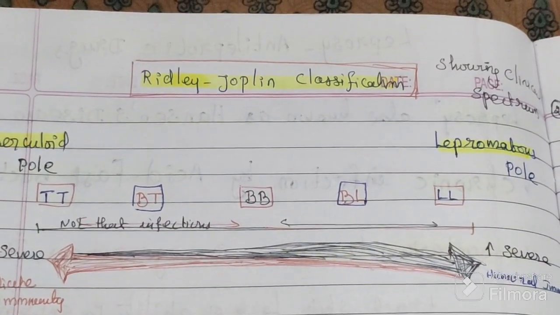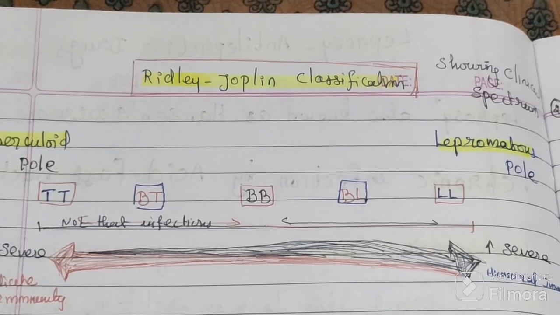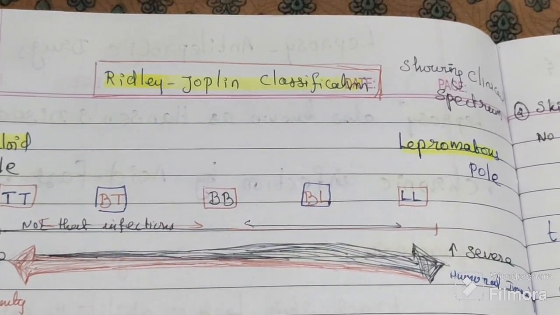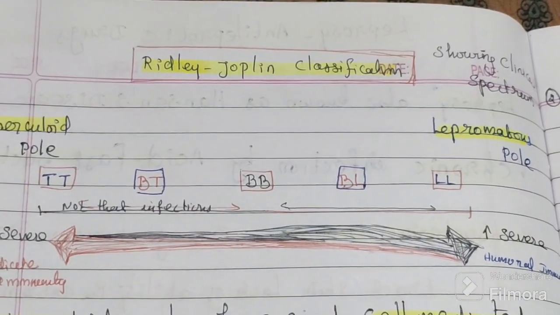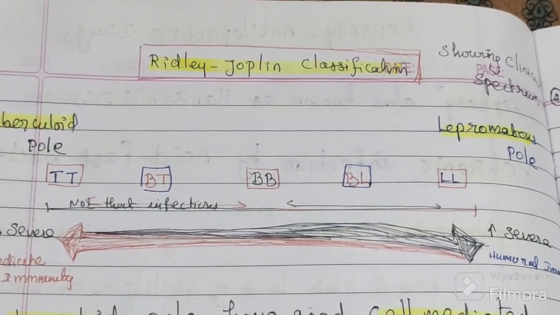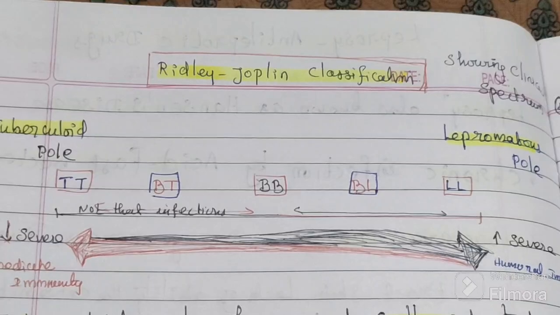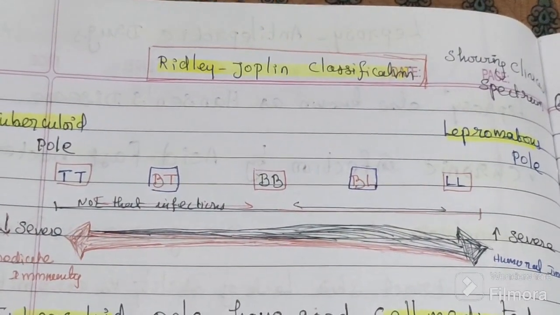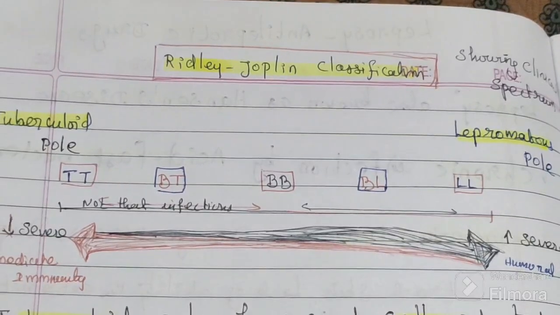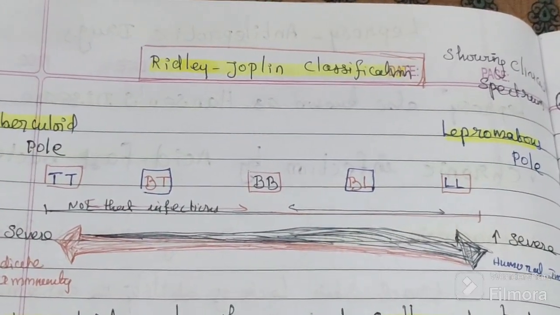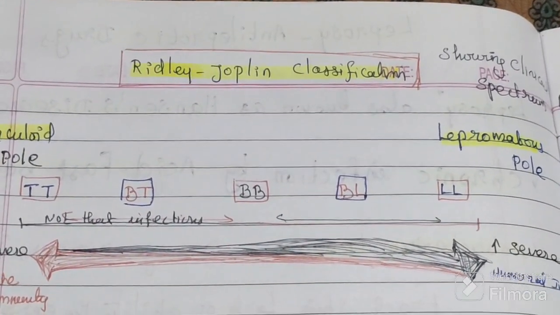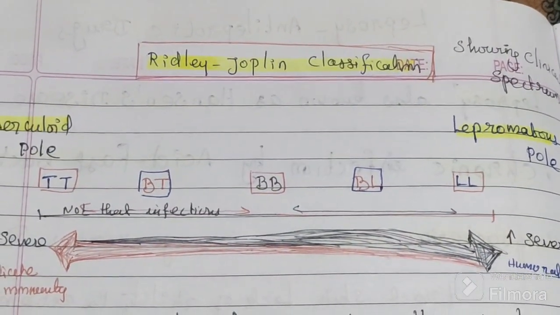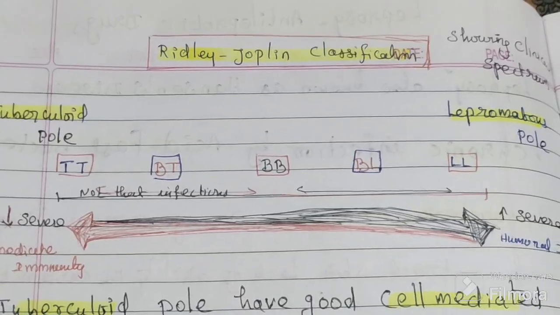Now, leprosy is a disease that can manifest in varying degrees and not as a defined clinical manifestation. It's more like a spectrum. That's why we have another classification called the Ridley-Jopling classification, showing the clinical spectrum of leprosy.